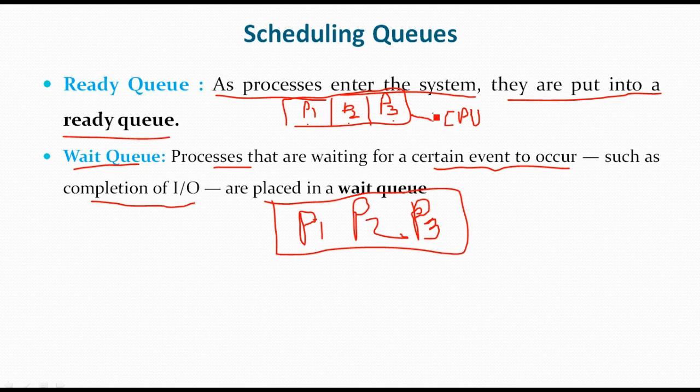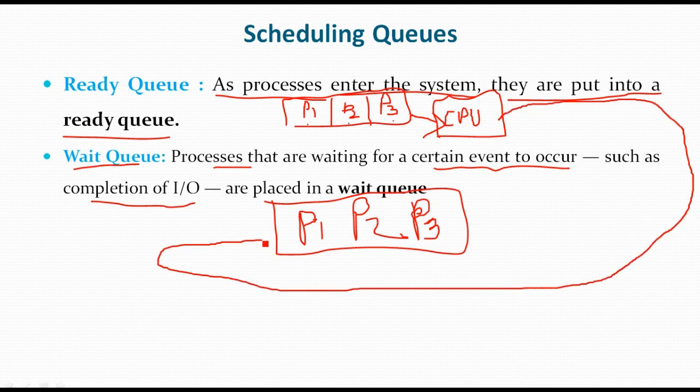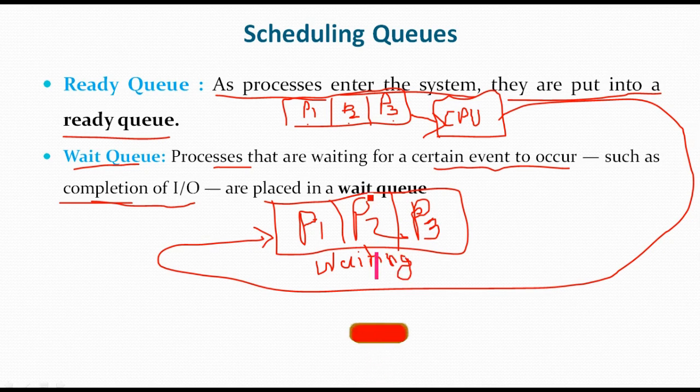Once they get the CPU, they complete their execution, and after that, if any of the processes wants an IO operation to be performed, then again those are put into the waiting queue, because they want the IO devices to perform their operations. So these are waiting to go back to the ready queue.